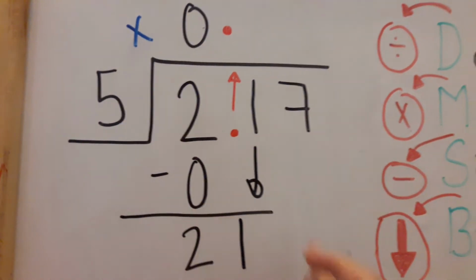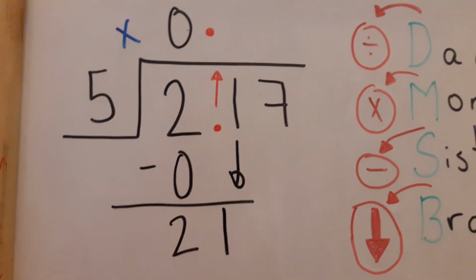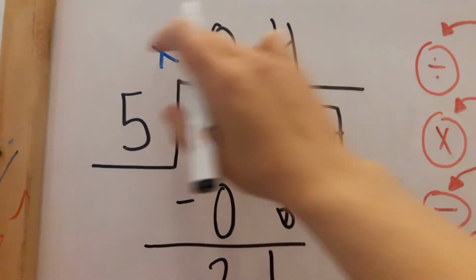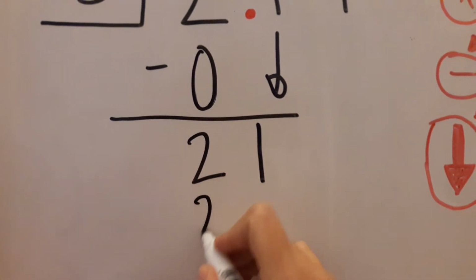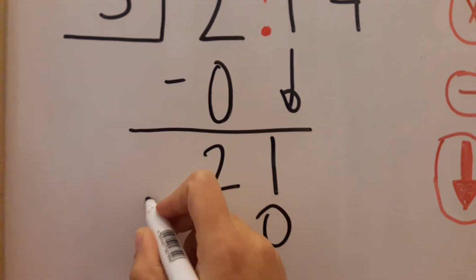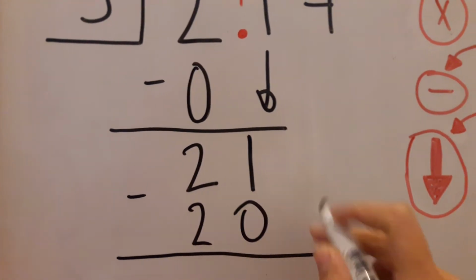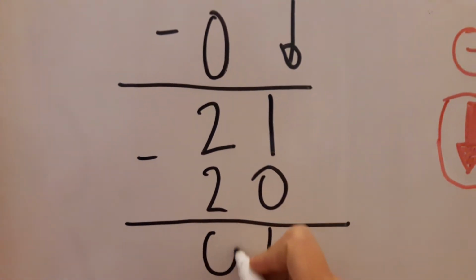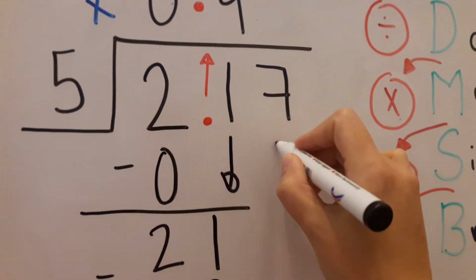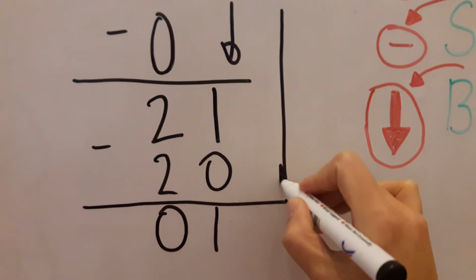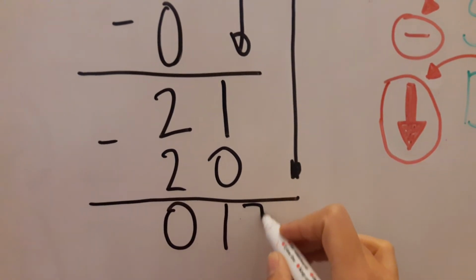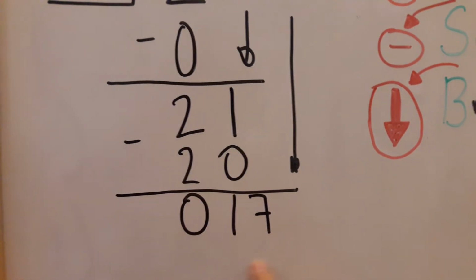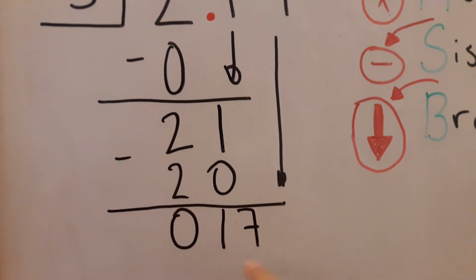Now, continue dividing the ones coming down. So 5 times what gives me 21, or a number closer to 21? 4. 4 times 5, it's 20. Let's subtract. 1 minus 0, it's 1. 2 minus 2, it's 0. Then 7 comes down. So 5 times what gives me 17, or a number closer to 17?